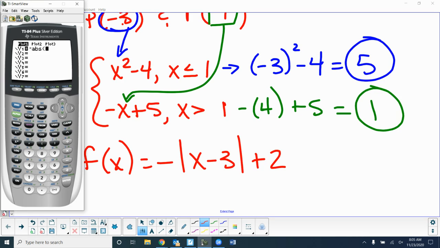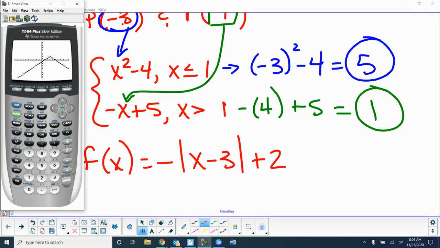ABS is for absolute value. And x minus 3. Oops, hit the wrong thing. X minus 3. Close it up. If you have a newer type calculator, you'll see the straight lines instead of the parentheses. Plus 2. Hit enter. Hit graph. Upside down V because of the negative sign here.